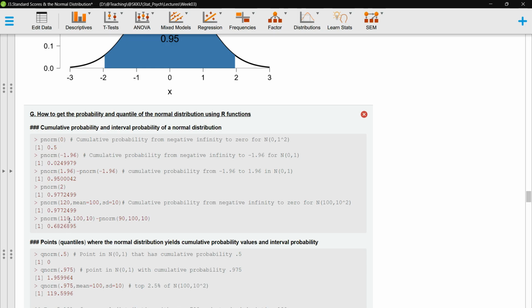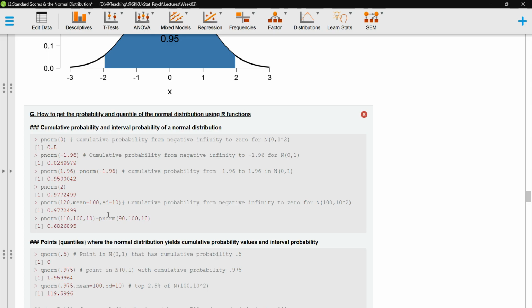So this means what is the cumulative probability of the normal distribution with the mean of 100 and standard deviation of 10, and up to the 110, just one standard deviation above the mean at that point, right? And that will give us the 0.84 something, right?